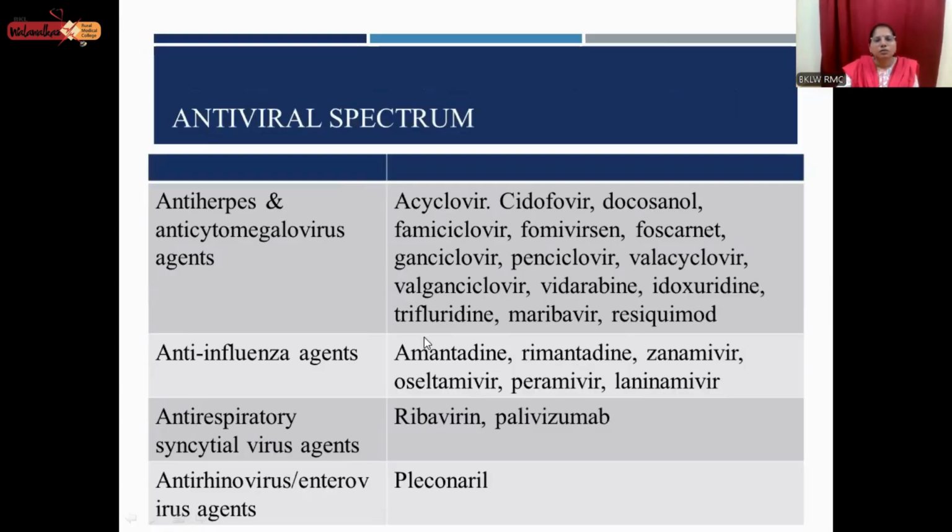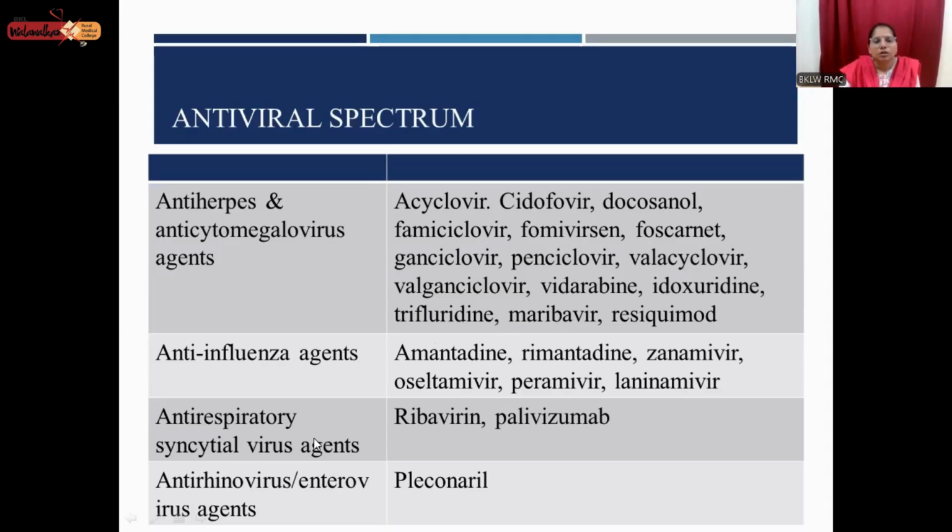Based on the spectrum, these are the drugs available for the different viruses. Herpes and cytomegalovirus are covered by drugs like acyclovir and cidofovir. Influenza viruses are treated by amantadine, rimantadine, zanamivir, oseltamivir, peramivir and laninamivir.